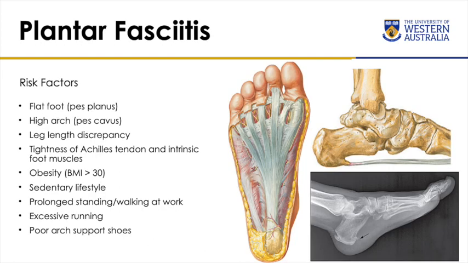Another commonly seen condition is plantar fasciitis. Interestingly, risk factors include both pes planus, a flat foot, and pes cavus, a high arch. Can be associated with leg length discrepancy. Mostly it is associated with tightness of the Achilles tendon and intrinsic foot muscles.